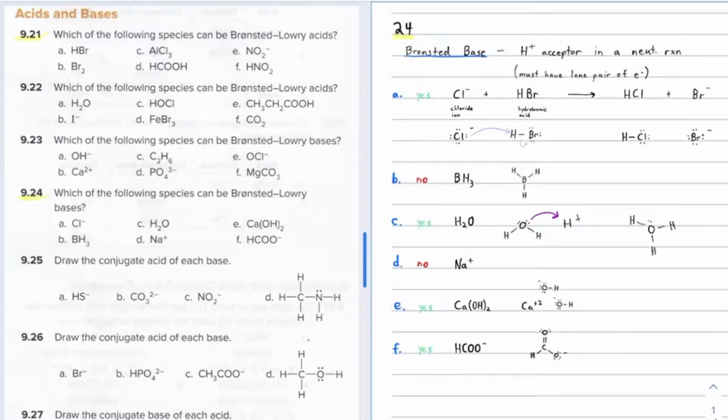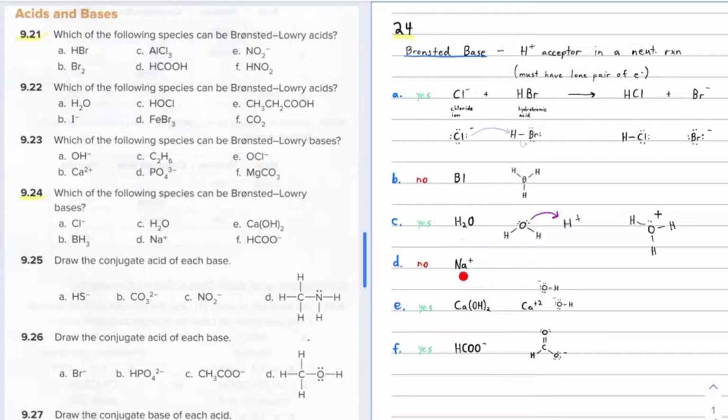So that's your H3O+. So for all of these, perhaps the ones that are Bronsted bases, you could think, well, what does it turn into after it gobbles up a proton? After this grabs a proton, it becomes H3O+. After this grabs a proton, it becomes HCl.